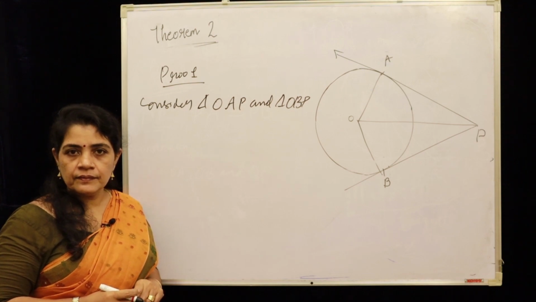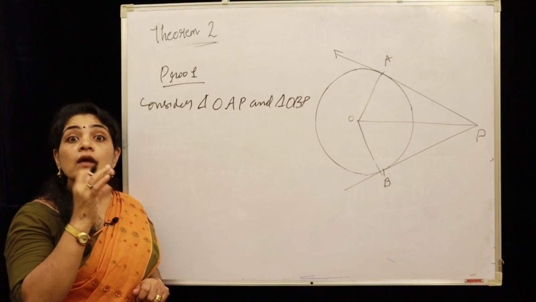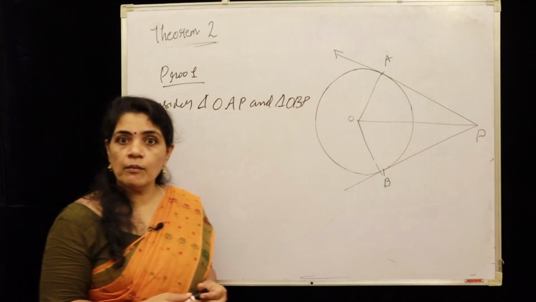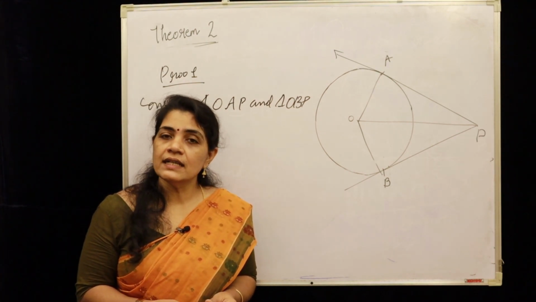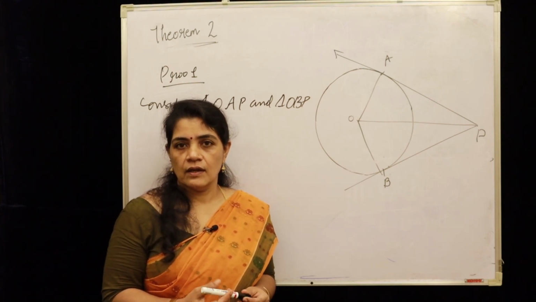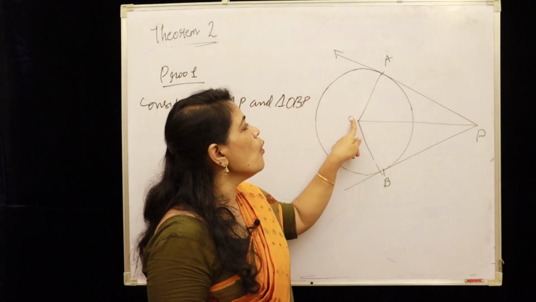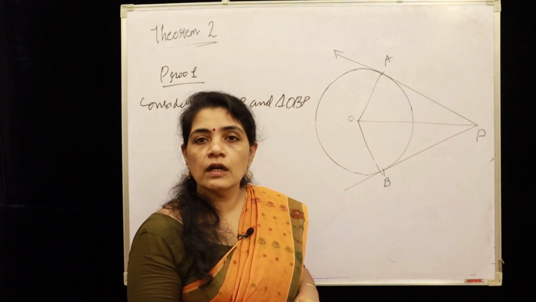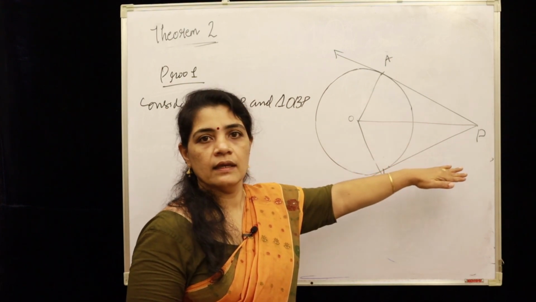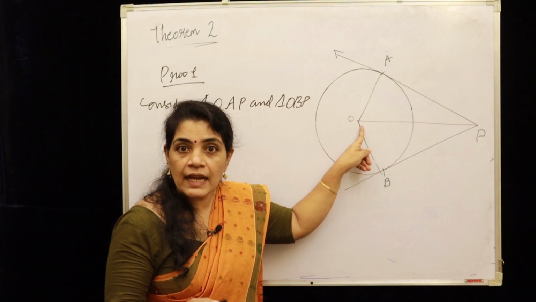Isn't it? And we are going to show that they are congruent. By theorem number 1, the tangent at any point of a circle is perpendicular to the radius. Here the point of contact is A, so OA is perpendicular to PA. The same way OB.